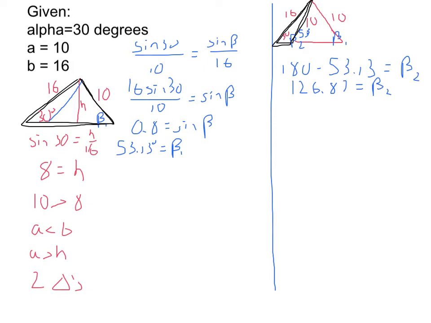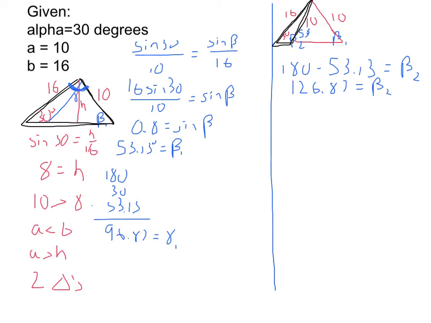Well, now in each triangle I have two angles. So to find the third, just subtract both of those from 180. 180 minus 30 minus 53 gives us an angle of 96.87, and that's going to equal our gamma in triangle 1, which would be this large angle up here, all the way across.